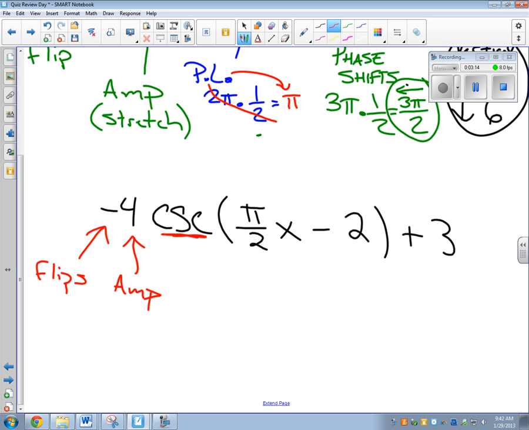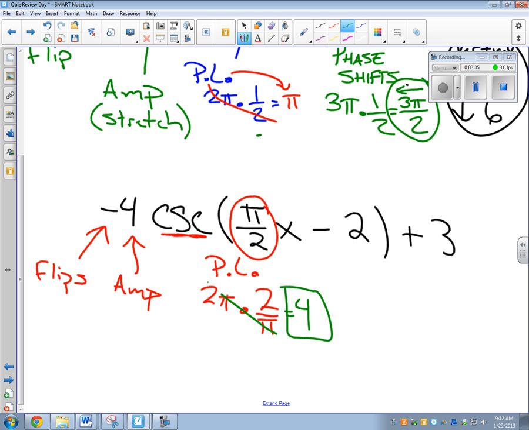My period length is all a base of 2 pi, but we're going to multiply by the reciprocal of whatever's in front of my x. So we're going to multiply by 2 over pi. So think about what's going to happen there. I got a pi on top and a pi on bottom. Those are going to cancel. My period length is weird, but it is 4 here. My period length is 4.